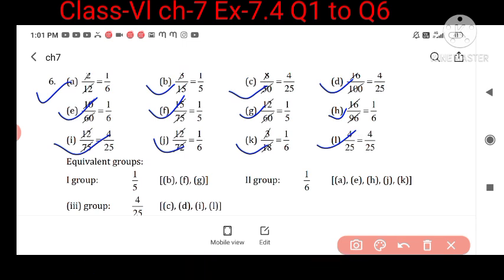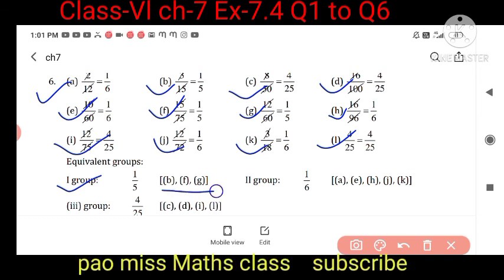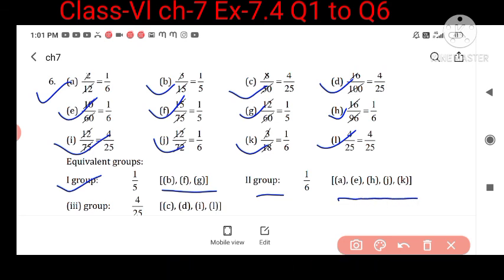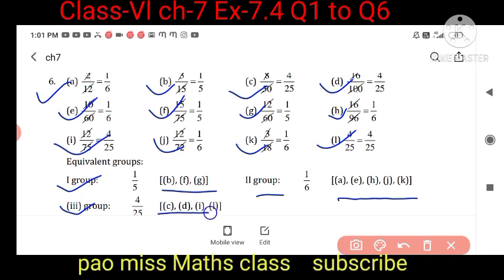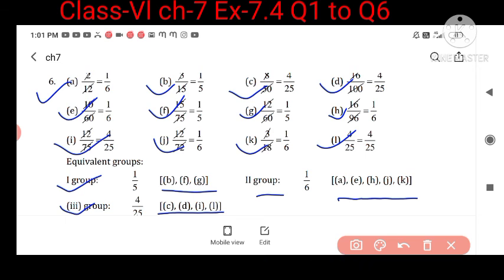So group 1, 1 upon 5, they are B, F and G. Group 2, 1 upon 6, they are A, E, H, J and K. And group 3, 4 upon 25, they are C, D, I and L, isn't it? So this is the answer of question number 6.